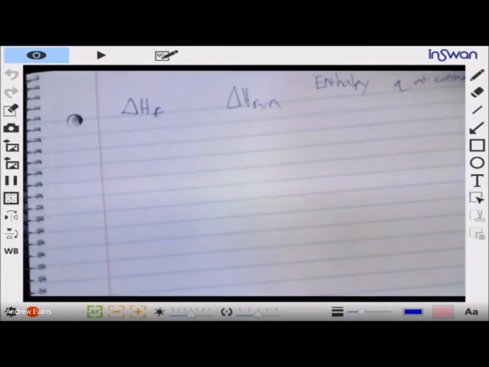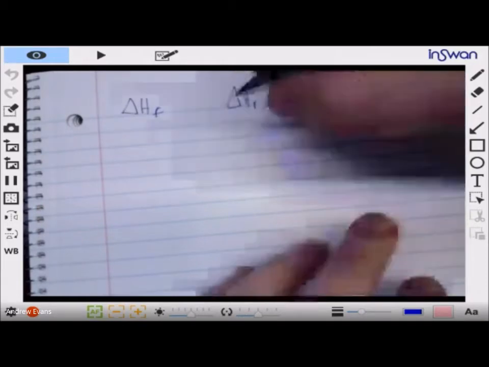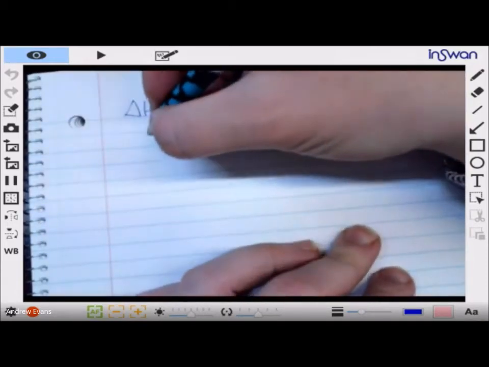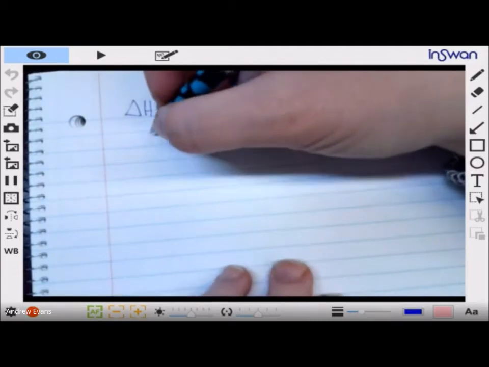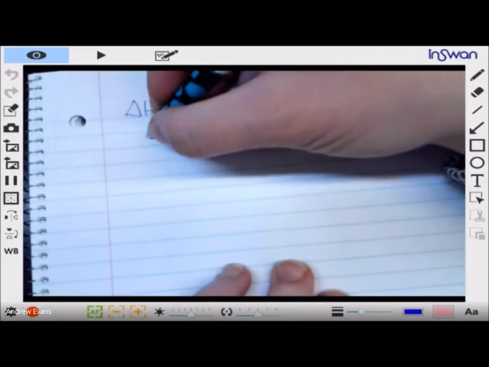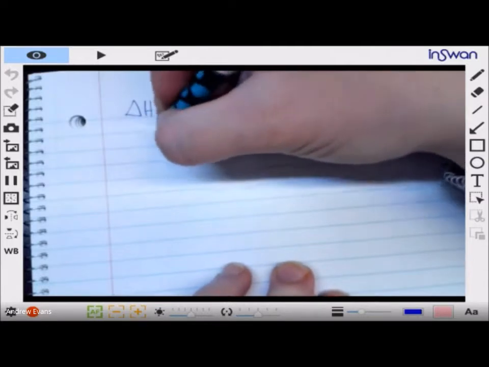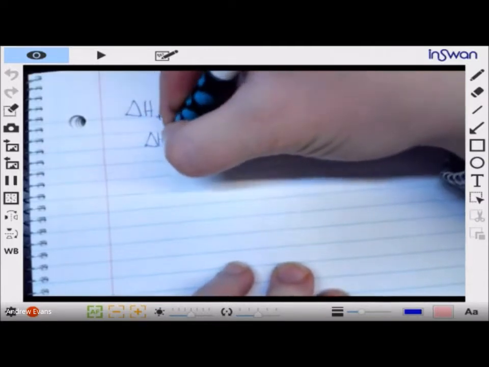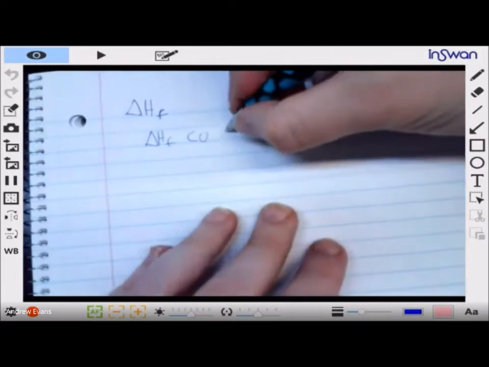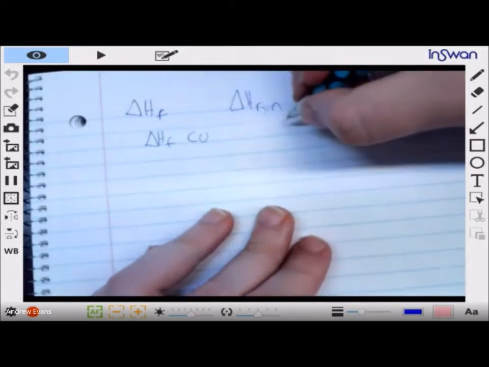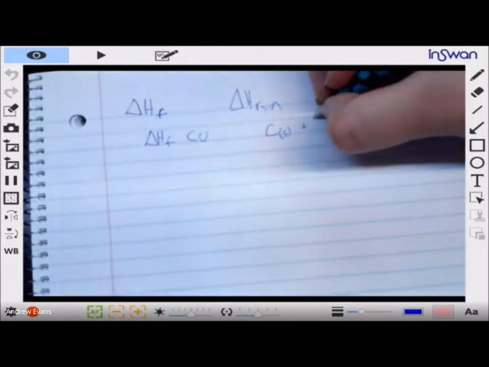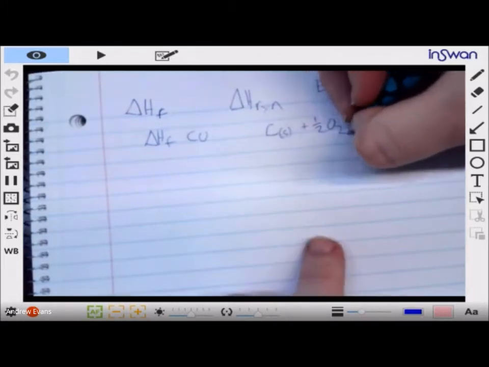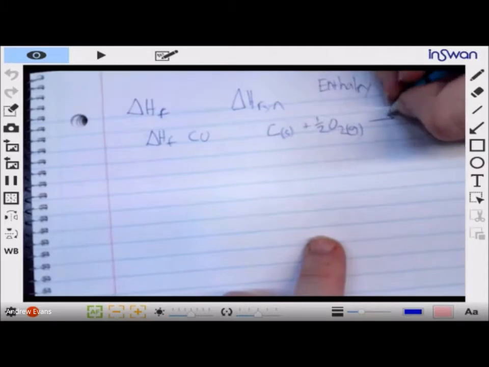A heat of formation is the energy required to form any compound from its starting elements. So if I wanted delta H of CO, this would be the energy to do this reaction: carbon plus 1/2 oxygen goes to CO gas.